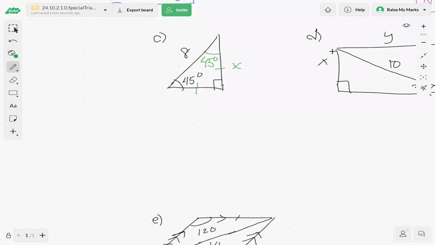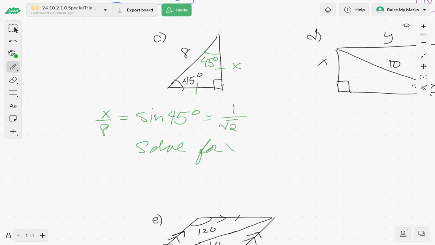So we're going to use our special triangles again, and in particular the one with the special angle 45, and let's do sine of 45 degrees equals opposite over hypotenuse, so x over 8, but we also know from our special triangles this equals 1 over root 2. So now solve for x.